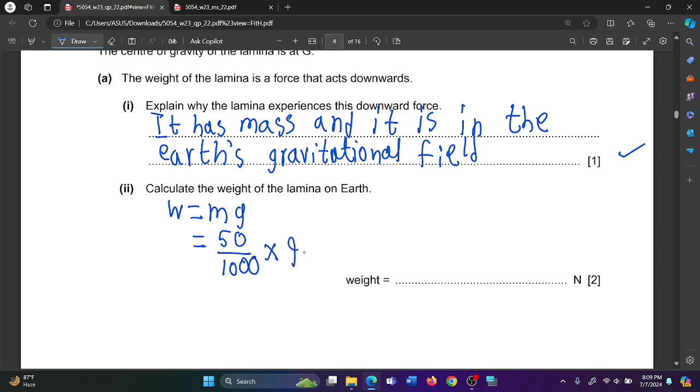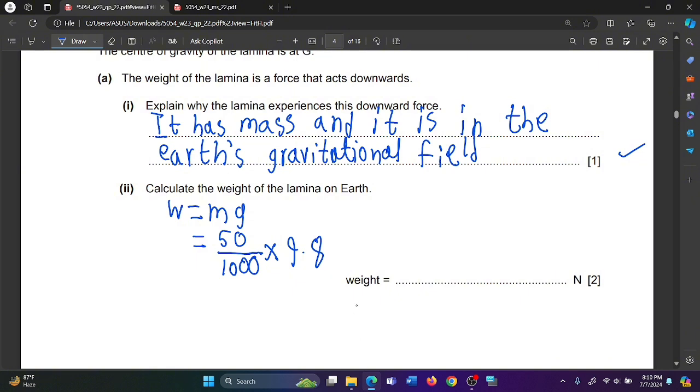What is g? 9.8. In the beginning of the question paper, on the front page, it was written to use 9.8 as the value of g. Thus, I'm using 9.8, but not 10. If we put these values into the calculator, we get 0.49.